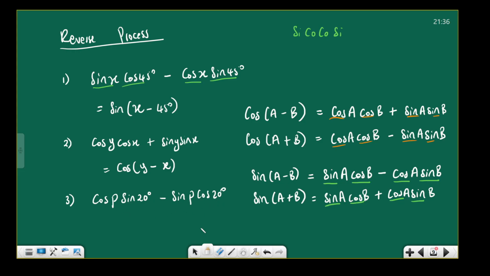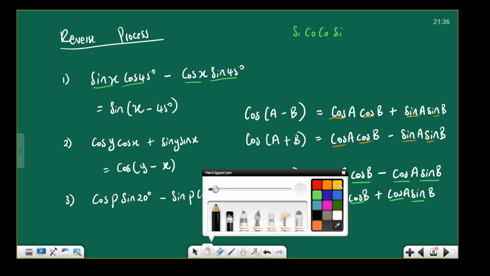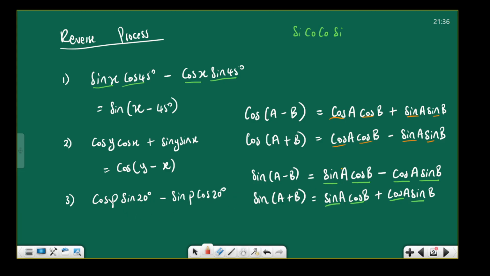So you get something like this. When you get that, you try to check which one it falls under. I see cos sine, sine cos. It's not here. I don't see any one that starts with cos and then goes with sine. But I do see the one that starts with sine and then cos, this one.